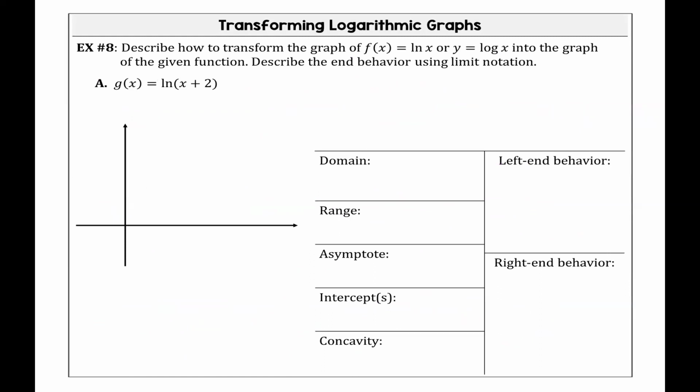Like here, I would write my H equals -2, so it shifts 2 units left. Does that make sense? Then you're going to draw your sketch and identify the attributes. As you're doing it, let me know if you need me, and then we will check and move on from there.